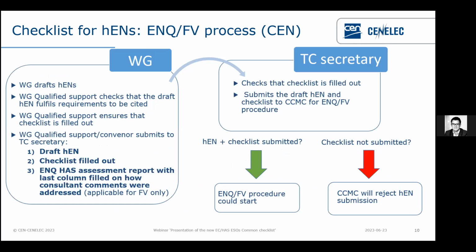Then the work group qualified support or the work group convener submits to the TC secretary the draft harmonized standard, the new common checklist filled out, and if relevant, for example, if there was an assessment at the previous stage, the table of comments from the assessment filled out by the work group.